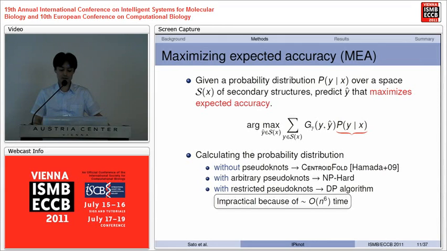For the probability distribution with pseudoknots, this calculation is unfortunately intractable because calculating the probability distribution with arbitrary classes of pseudoknots is NP-hard. Even for those with restricted classes of pseudoknots, which can be calculated by DP algorithms, it requires impractical time proportional to n to the 6th power.